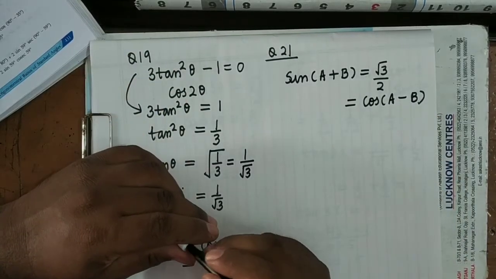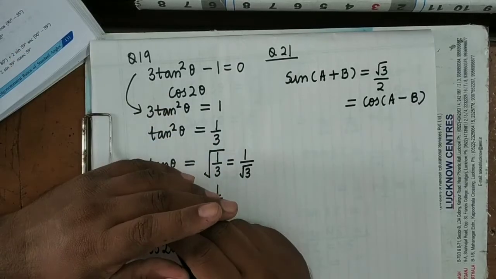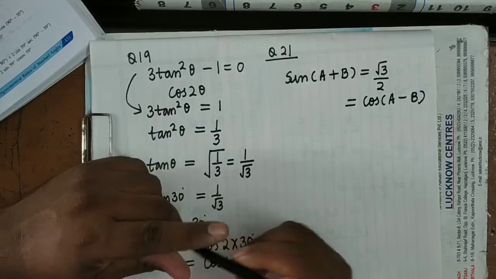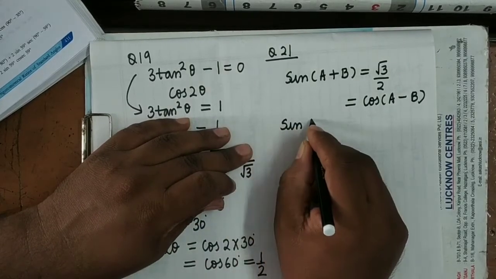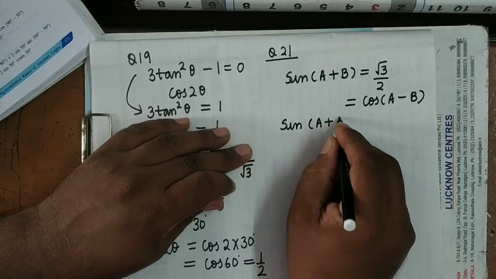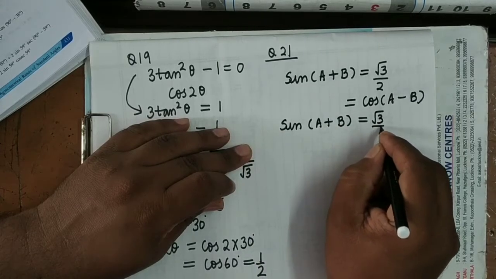You have to find the values of angle A and angle B. So see here, sin (A plus B) equals root 3 by 2.